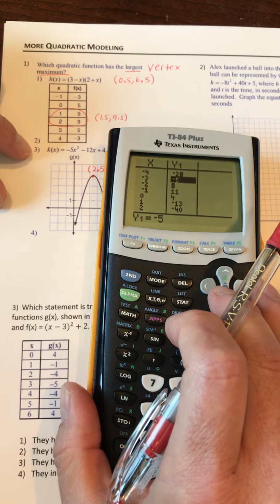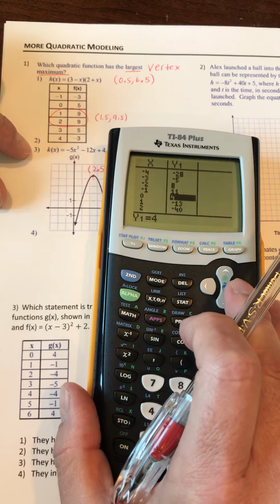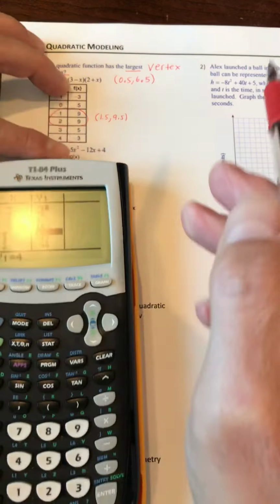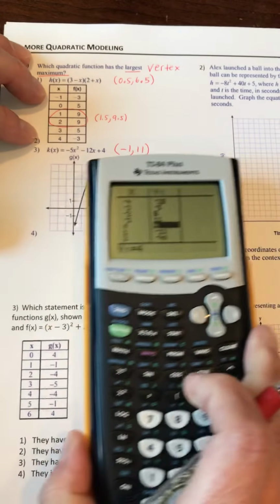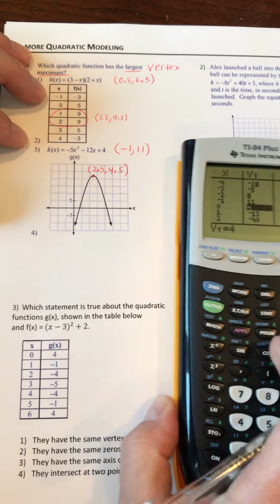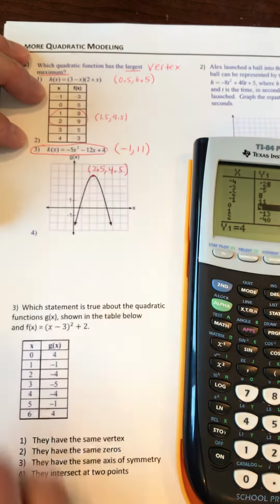You get to 8, you get to 11, and then they start going back down. So we're going to say it's -1, 11, but it's probably actually a little bit higher. So this one's going to have the greatest maximum, choice 3, the one with the equation.